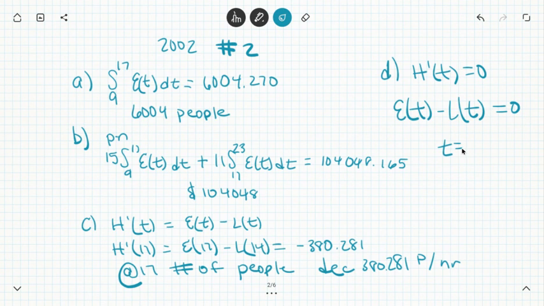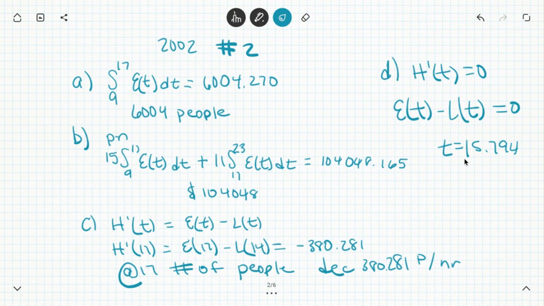So t would equal 15.794. If you are using a TI-84, put the function in just like it is here. So put the fraction minus the fraction, and then use your calculate button to find the zeros.